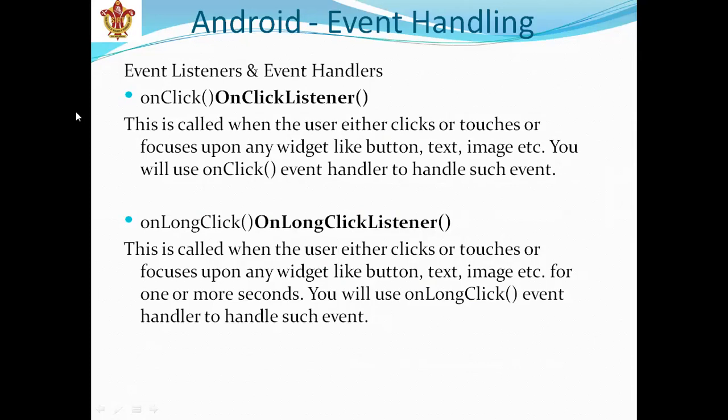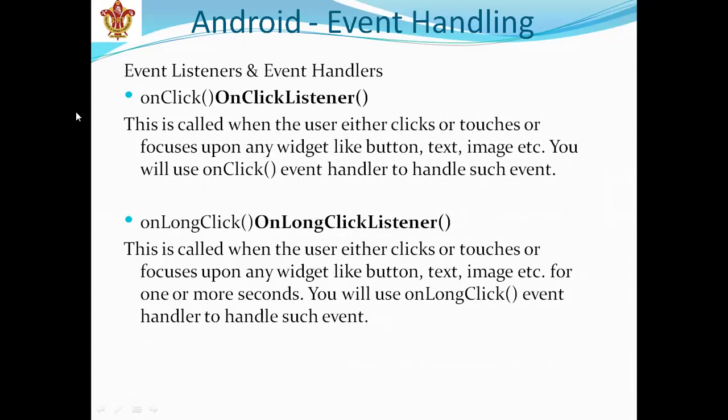It is like the on click listener. Such widgets can be an image, button, or text. So you will use the on click event handler to handle any type of event.